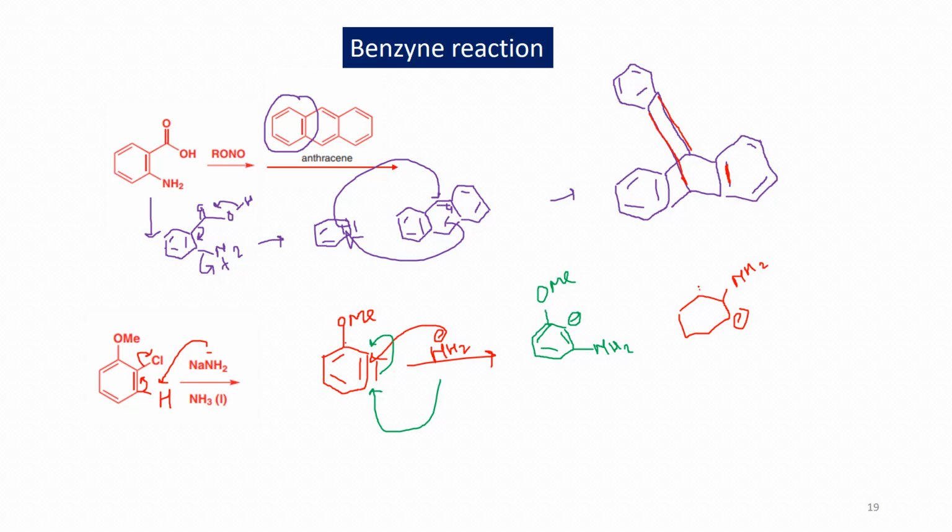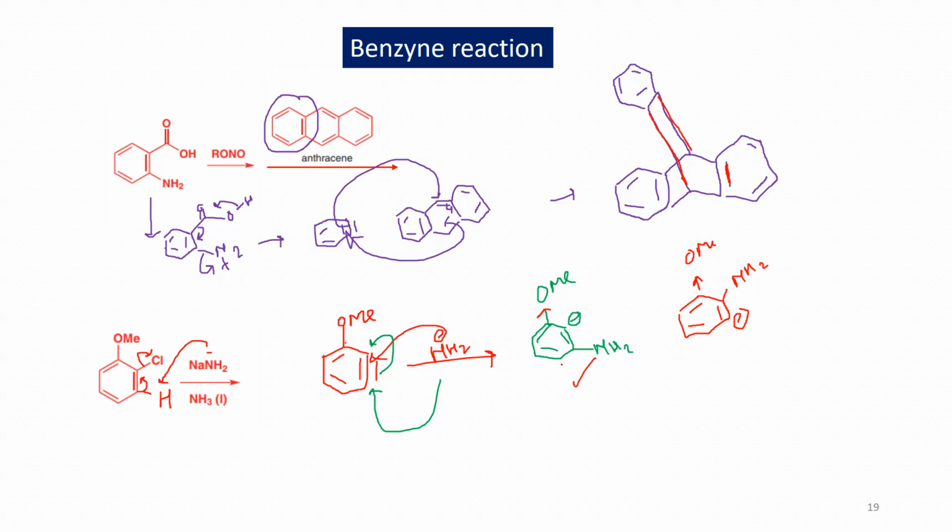Now, in the first case, the negative charge is adjacent to the OMe group. OMe has a minus I effect, so it can stabilize this negative charge, whereas here it is far from the OMe. Minus I effect is dependent on the distance. So here, as it is far, it will be less effective. So the product will be this one.